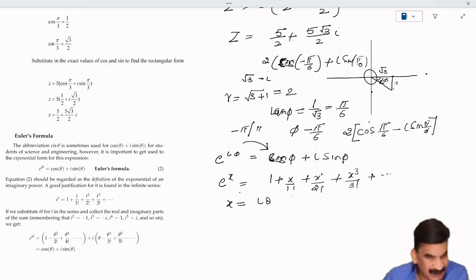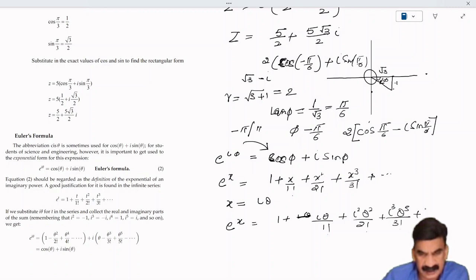So what happens? This is e to the x, which is 1 plus i times theta by 1 factorial plus i squared theta squared by 2 factorial plus i cubed theta cubed by 3 factorial plus i to the 4 theta to the 4 by 4 factorial, and so on.